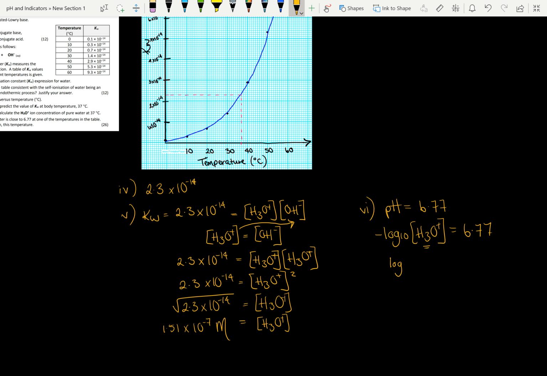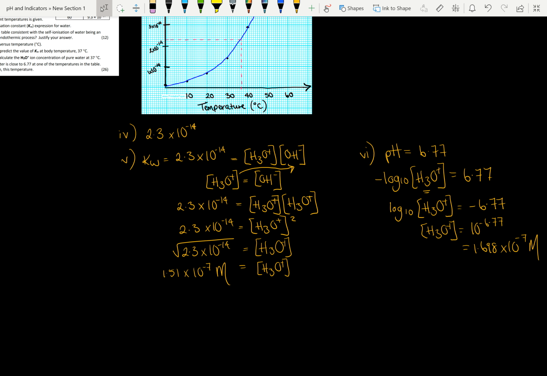So let's solve for the H3O+ concentration first. I'm going to bring that minus across. So the concentration of my H3O+ is equal to 1.698 by 10 to the minus 7 moles per litre. There's the concentration of my H3O+.